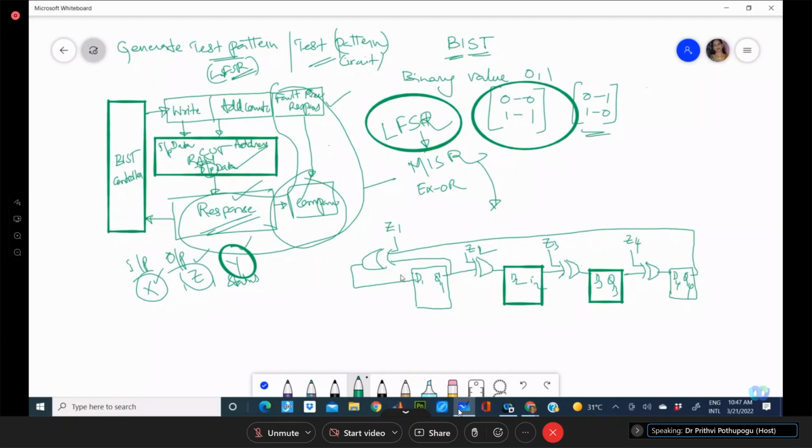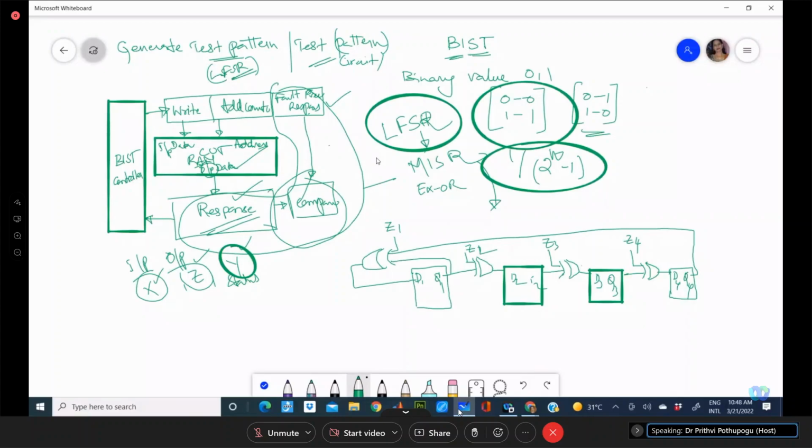Out of 2 power n minus 1 combinations, only one will give all 0. For any bit value change, the corresponding bit will be 1 instead of 0.